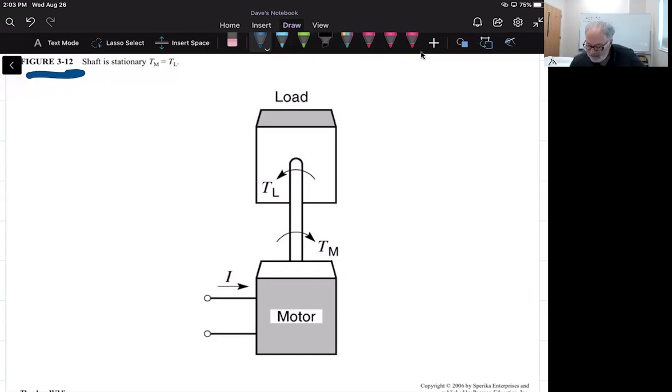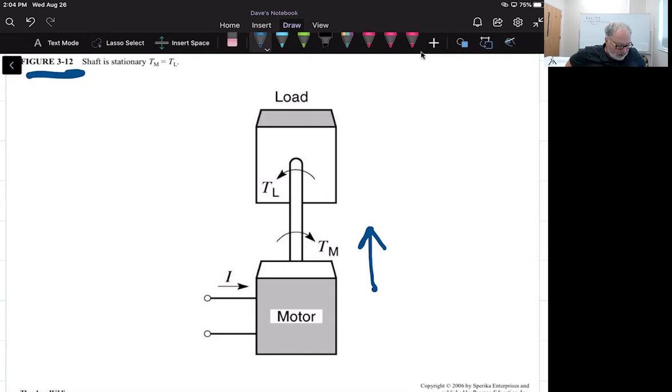So let's say that we want to cause this load to turn. In other words, we need to make the motor torque greater than the load torque. We need the net torque to be in excess clockwise, opposing the load torque.